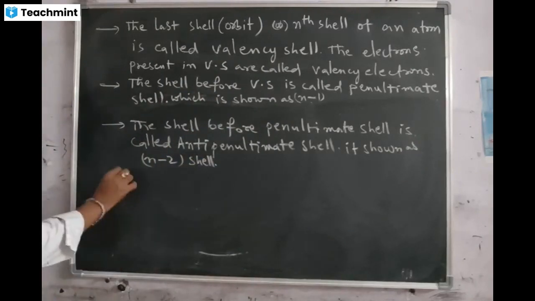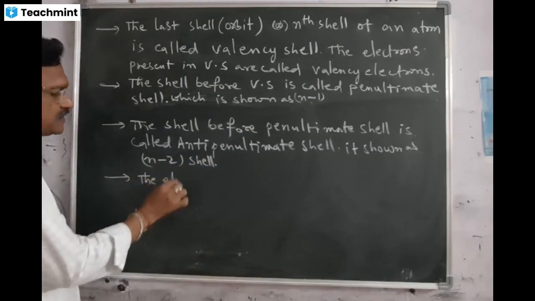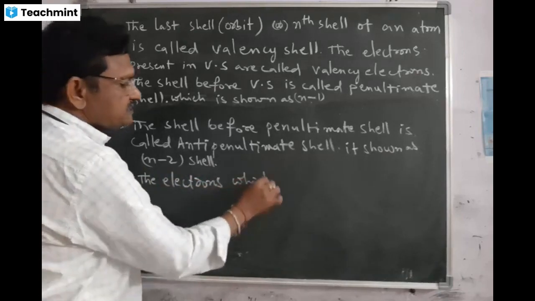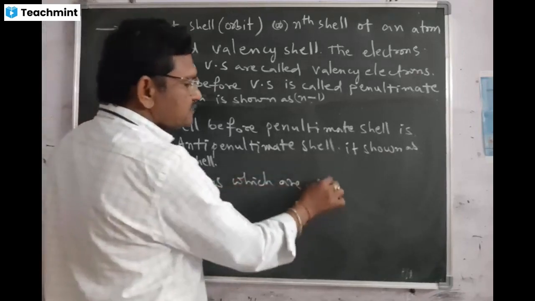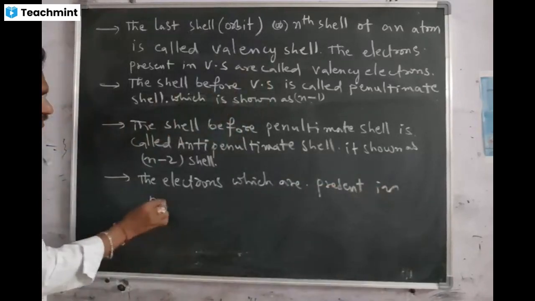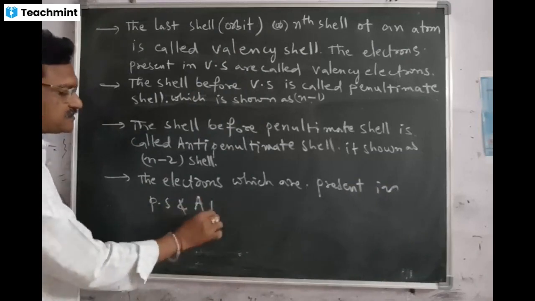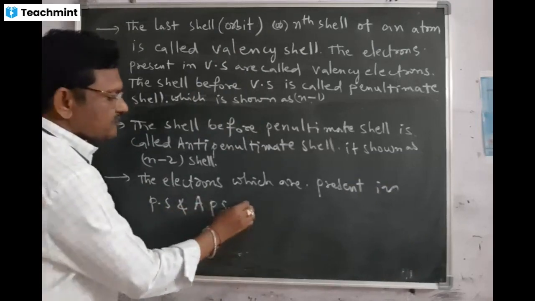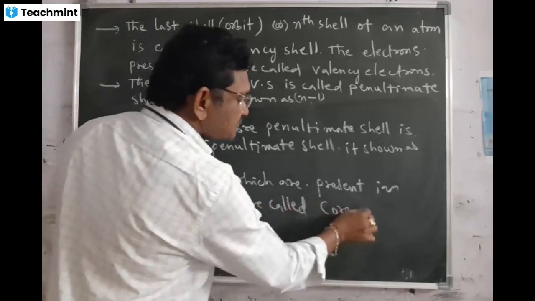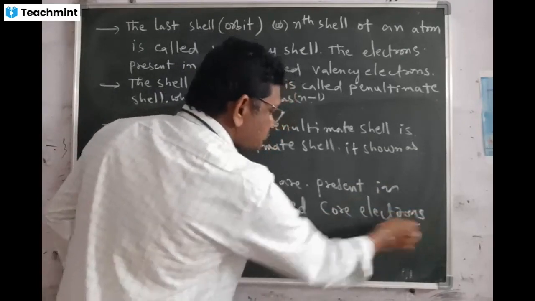Okay, and one more point I write here. The electrons which are present in the penultimate cell, PS, and the anti-penultimate cell, APS, are called core electrons.